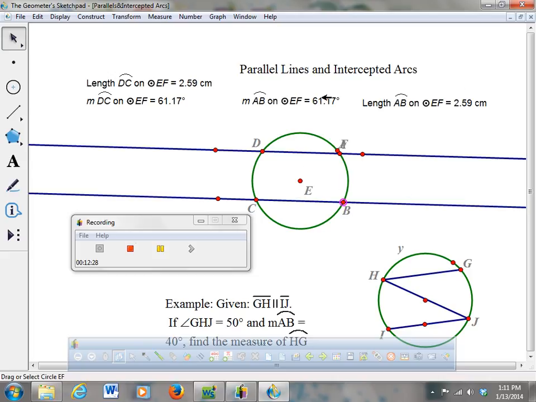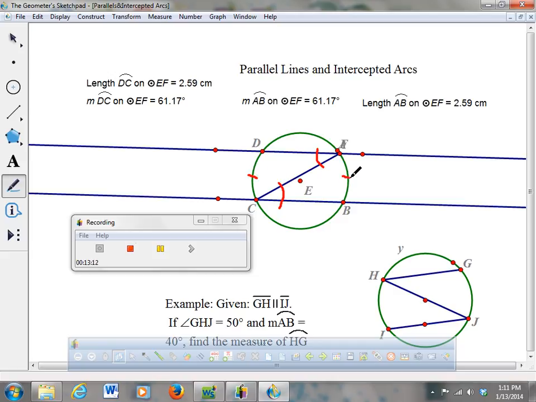And there's a reason for that as well, and I just want to show you. The only thing you'd have to do if you wanted to prove that is to put a line from here to here. Who can tell me why this arc angle has to be congruent to that arc angle? Very good. Because these lines are parallel, which makes this angle congruent to that angle, and this is half of this, and this is half of this.